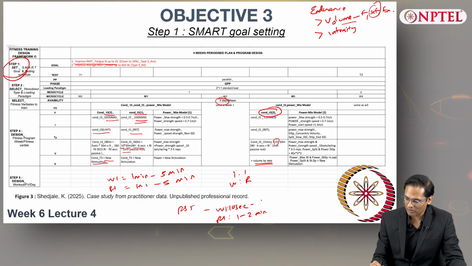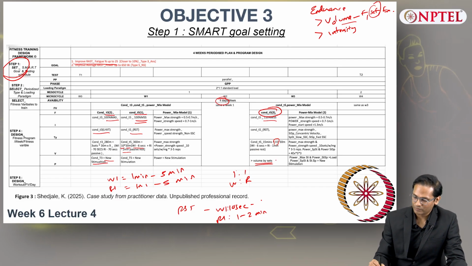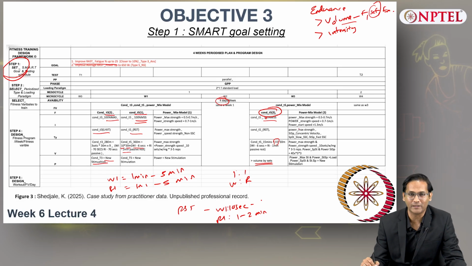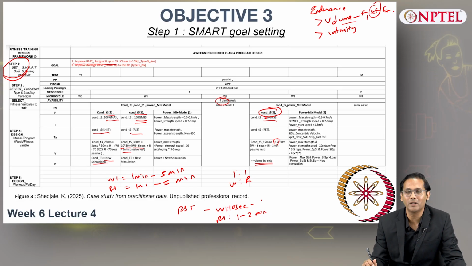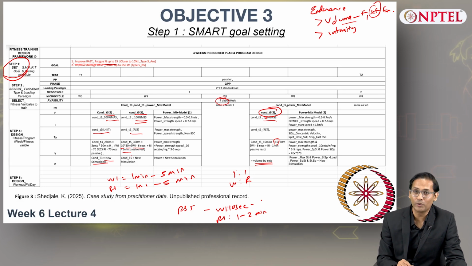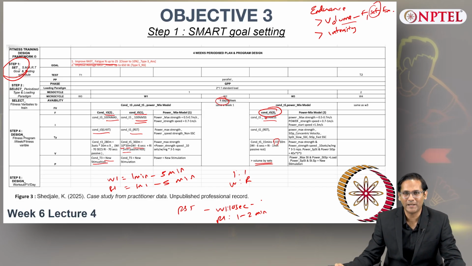So 15 sets of 6 seconds of sprinting within 30 meters at 100% of the MSS, that is maximal sprint speed. Initially he was doing 10 sets, now he is doing 15 sets. So this is a sample example of 4 weeks.